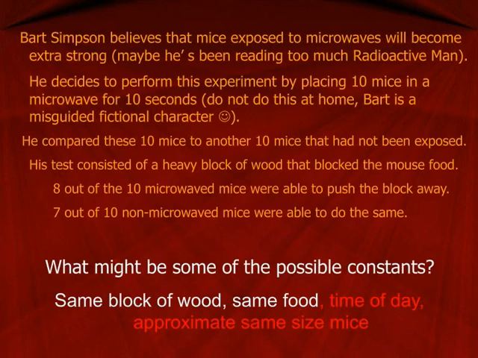The same amount of food and the same type of food would be fed to all the mice. The experiment would be run at the same time of day so that all the mice would be equally rested. And all the mice in the experiment would be about the same size. There's probably other constants that you can think of, but these are some examples.